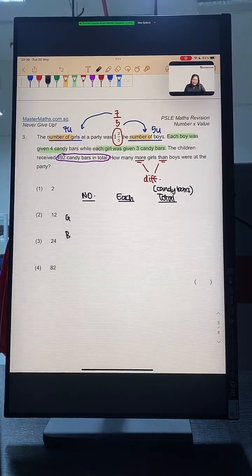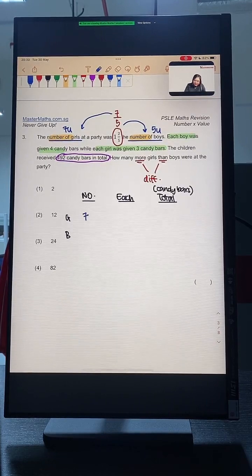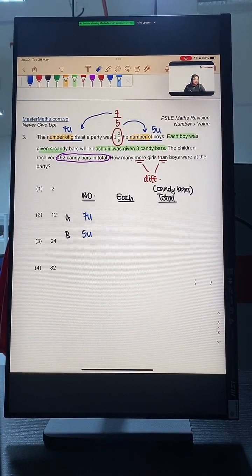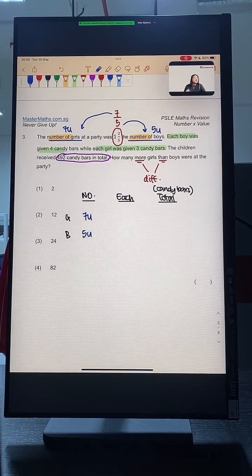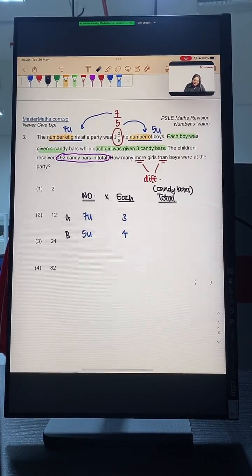The number of girls we already know is 7 units. The number of boys is 5 units. Each girl, all this can be found in the question itself. Each girl 3, so I'll put 3 on top. Each boy 4, so I will put 4 below. Based on our concept, number times each gives us total.